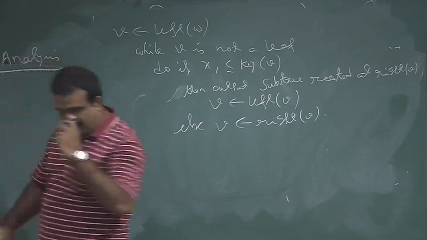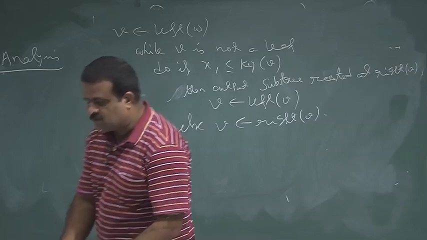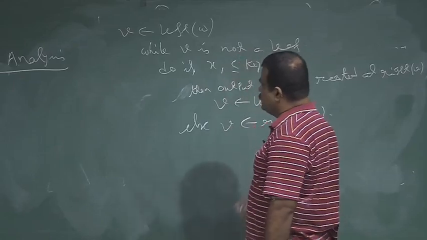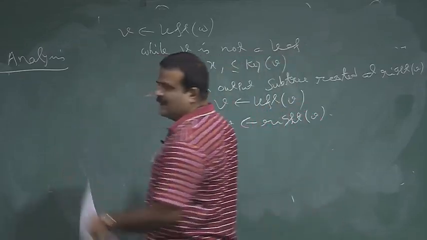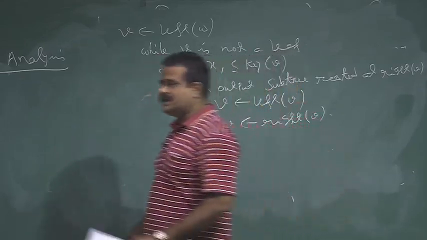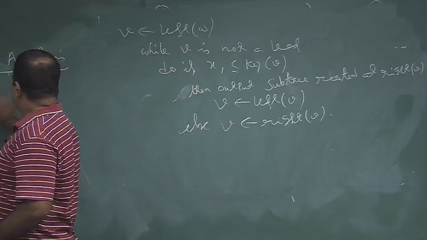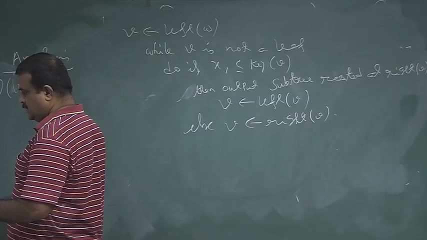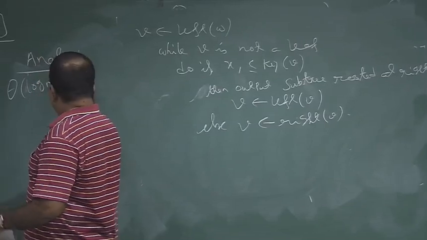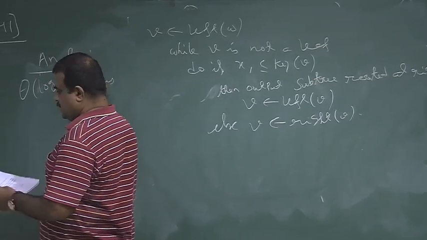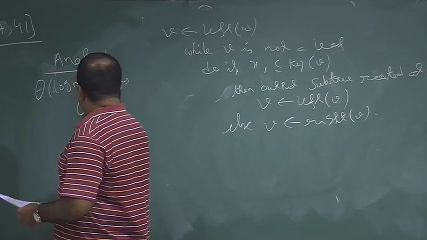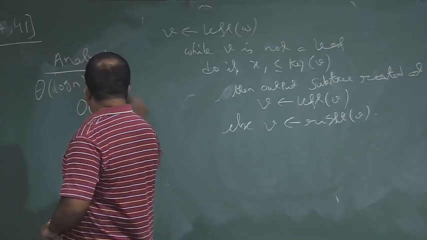So let us analyze this. How much time are we spending here? It is a balanced tree, so it takes log n time to find the log n subtrees. There are a maximum of log n subtrees.